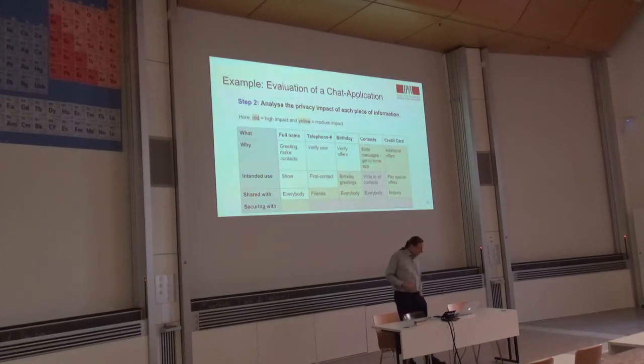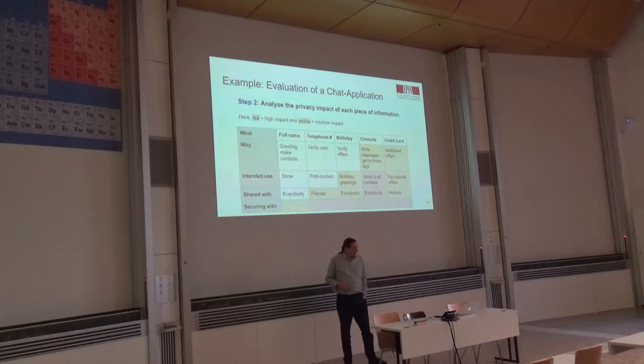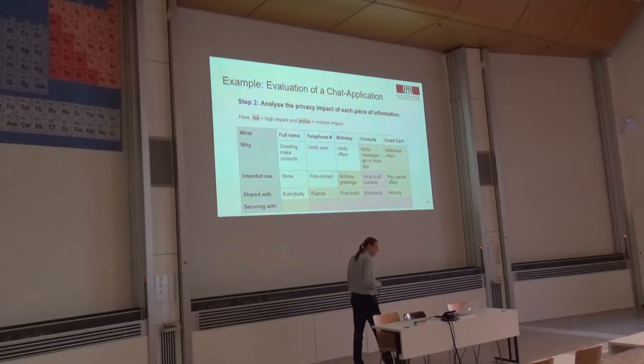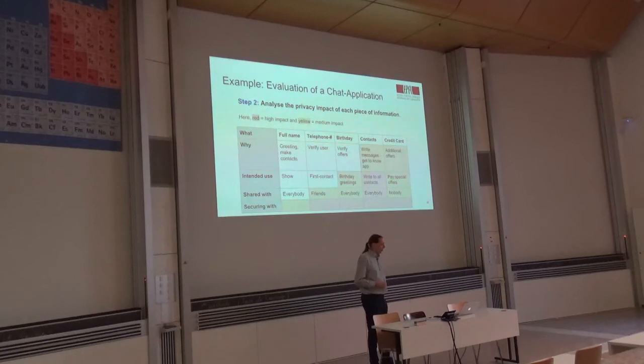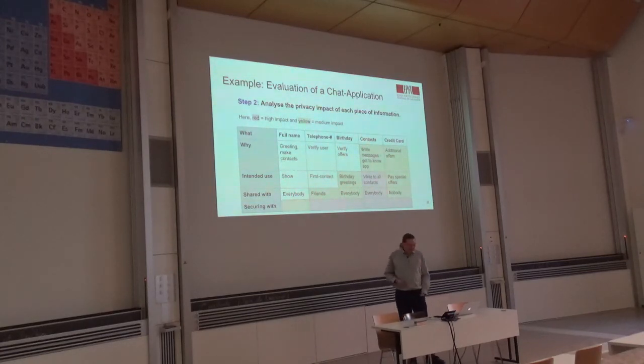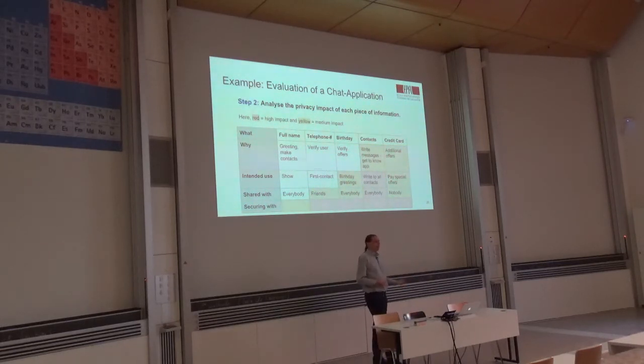And then the next step would typically be to look at that matrix and evaluate the privacy impact of each of these pieces of information. Now, of course, to reiterate, all of this is often very subjective, and it can be difficult to categorize these into low, medium, high levels.